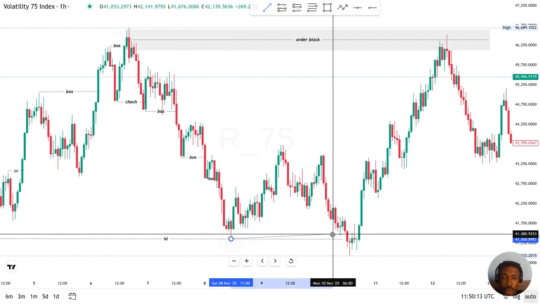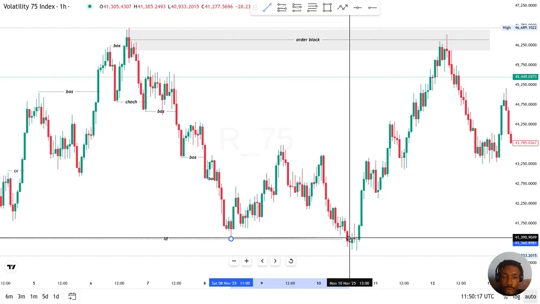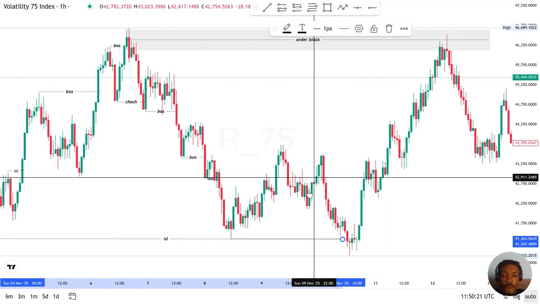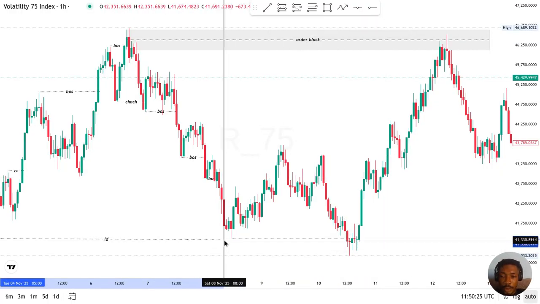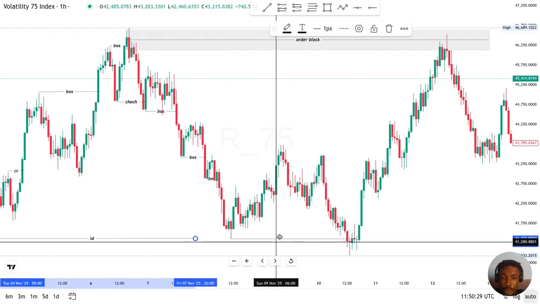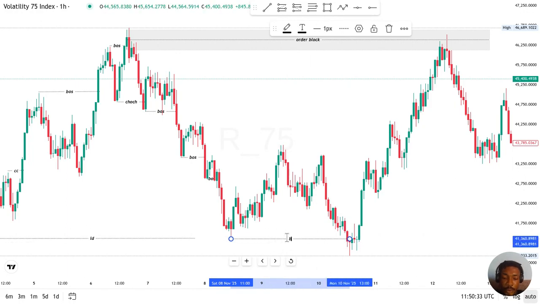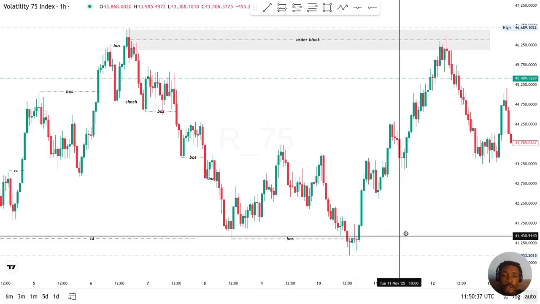This is a low that we also consider as a break of structure. So let's just move this liquidity. Let's write it down here. We have a break of structure here, another break of structure here.